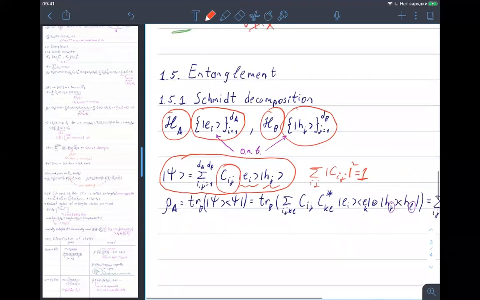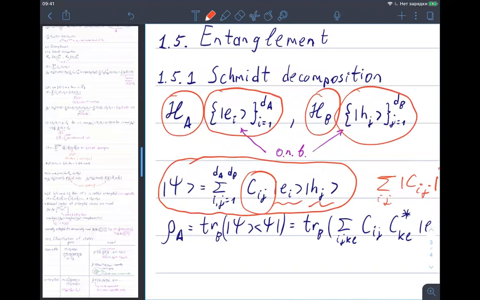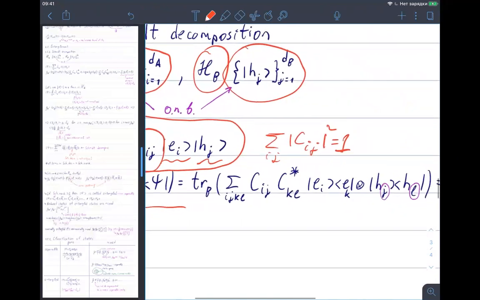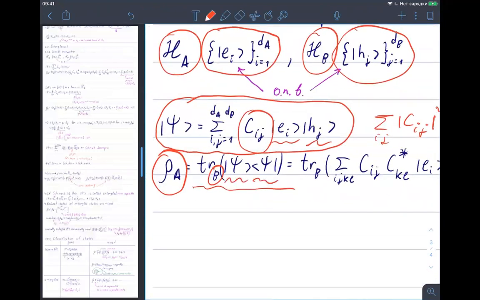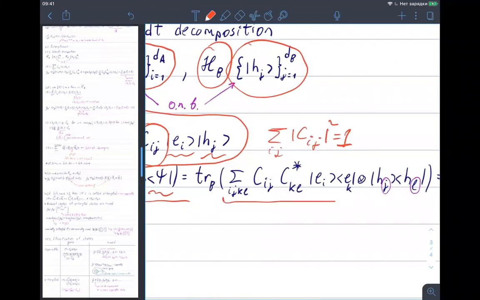Then let us consider a partial reduced state of our composite system, the state of particle A. As we already know, the state of this particle can be obtained by taking the partial trace over the other system, the B system. If I consider this trace, I take my psi's and put them in this expression, and I come to this summation.